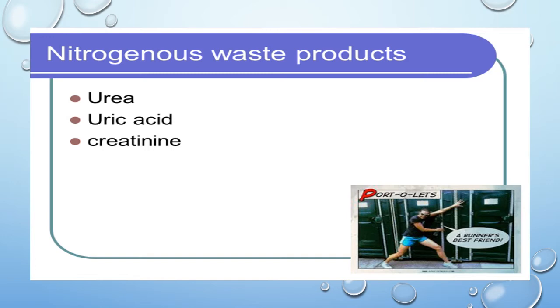Okay, the first one is urea. That's formed by the liver as end products of protein. It breaks down amino acids, and it's used as energy.